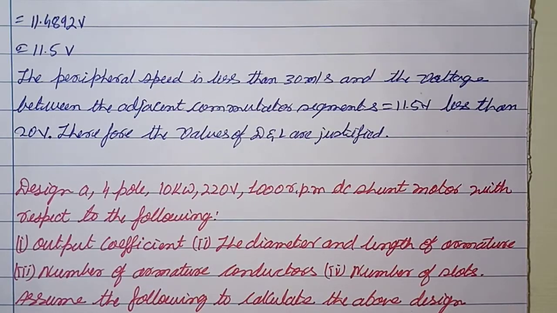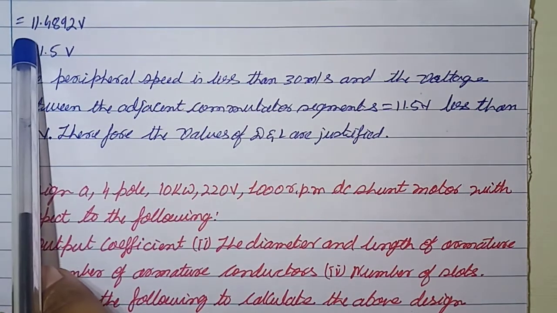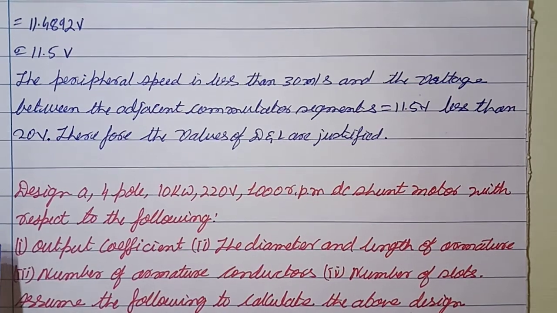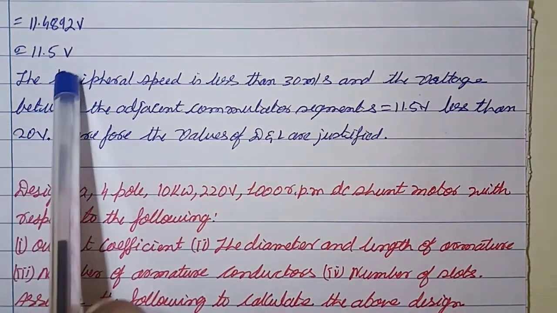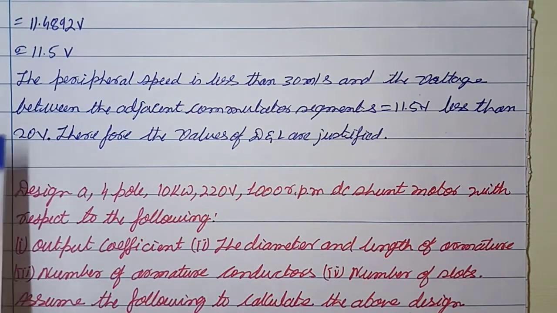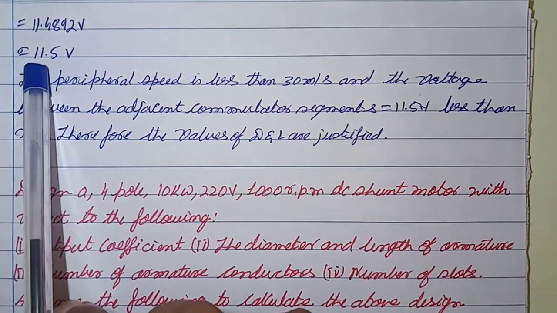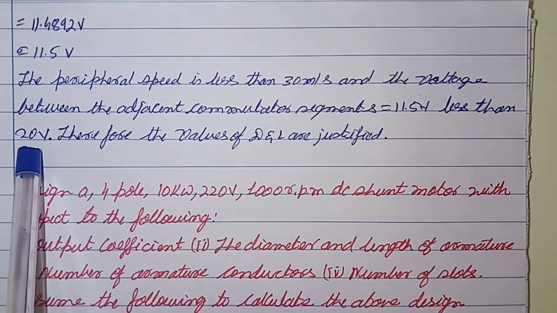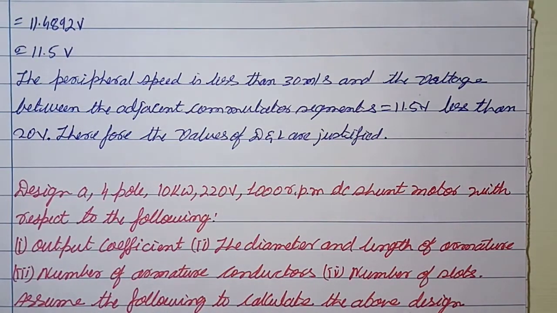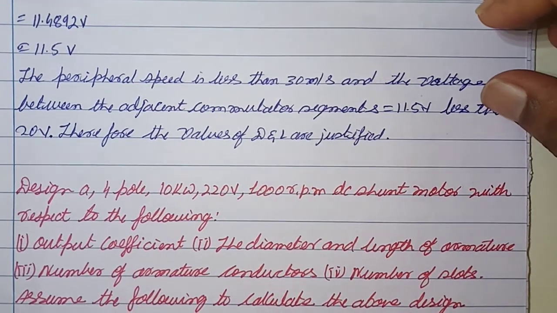From that we get 11.4892 volt, the voltage between adjacent commutator segments. Approximating it to 11.5 volt, this is also within limit. If not mentioned, it should be within 20 volt. In a few numericals or designs, these limiting values may be given, so we have to check with those given values.